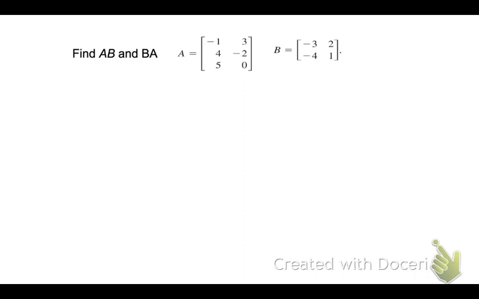Okay, so we're supposed to find AB, and then BA. So what are the dimensions of A? 3 by 2. And B is a 2 by 2.